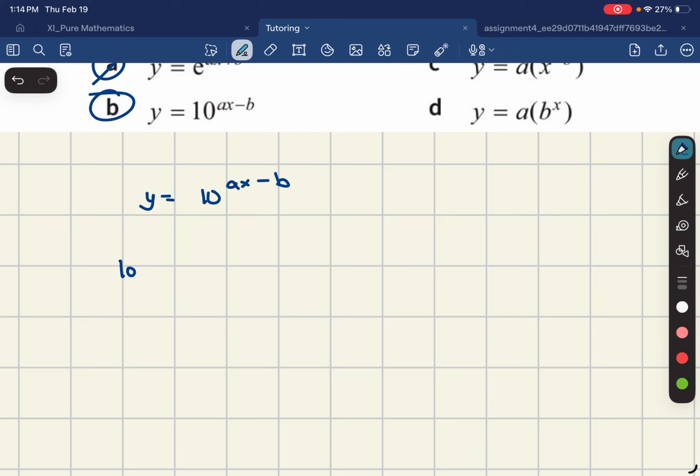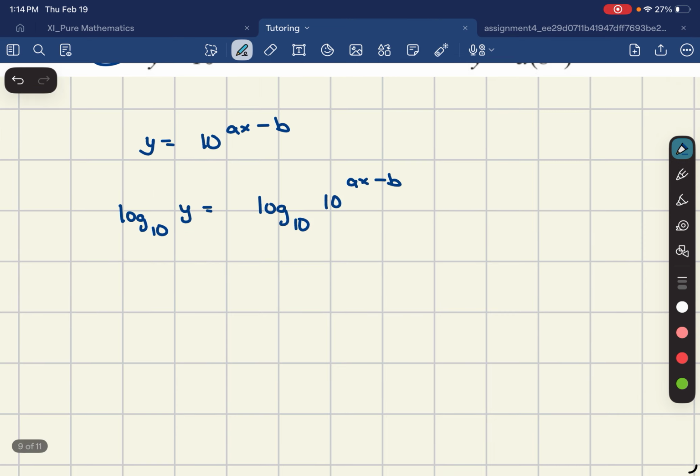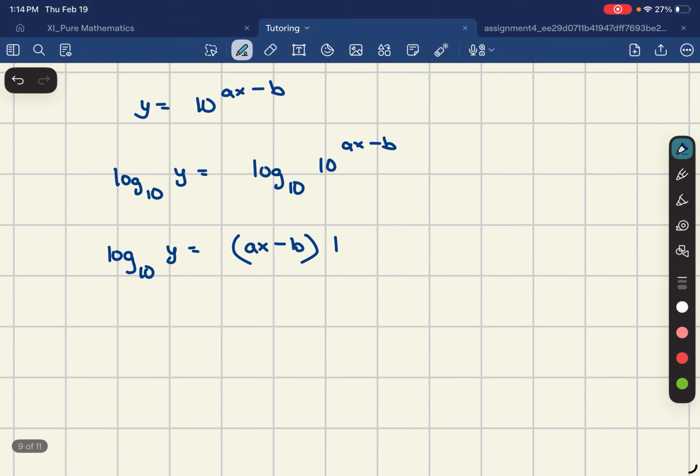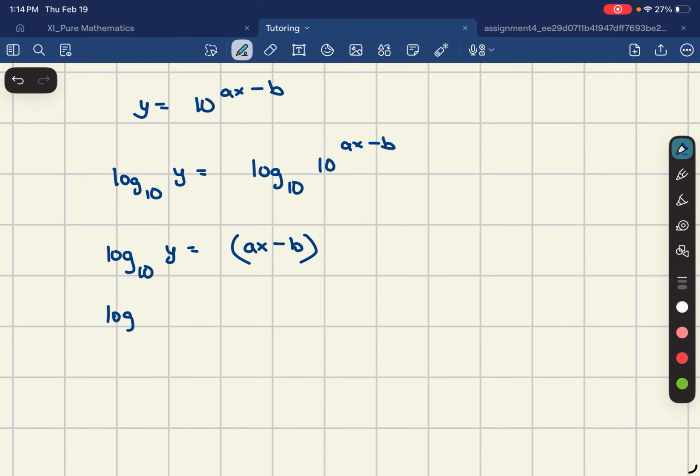So let me take the log base 10 of y equal to log base 10 of 10 to the power ax minus b. And we have log base 10 y is equal to ax minus b log base 10 of 10, and that is just 1. So I have log base 10 y is equal to ax minus b.